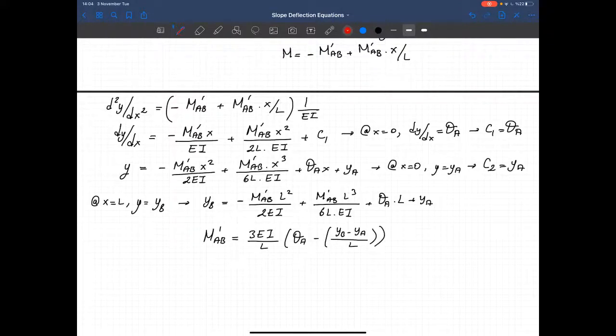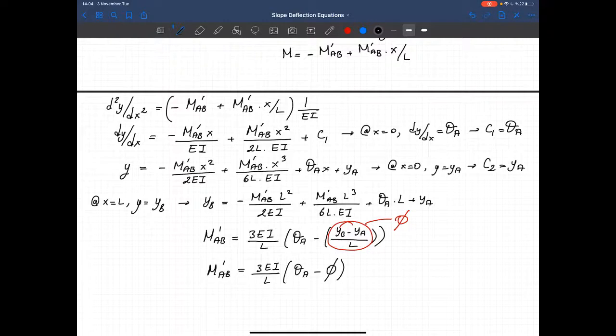And we know that this expression is equal to the chord rotation or the phi angle, and our final equation will have the following form. MAB prime is equal to 3EI over L theta A minus the chord rotation.